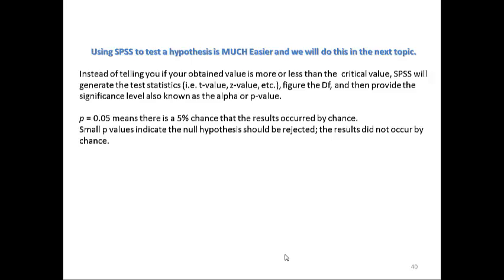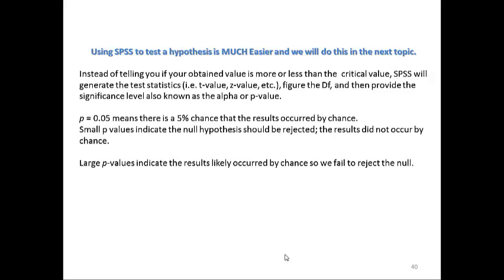A p of 0.05, as we said before, means there's a 5% chance that the results occurred by chance alone. Small p-values are what you're after, because they indicate the null hypothesis should be rejected. The results did not occur by chance, and you can infer those to the general population. Large p-values mean that your results occur closer to the mean and by chance, so we fail to reject the null.